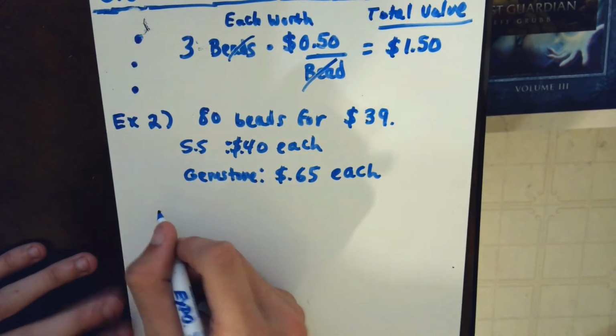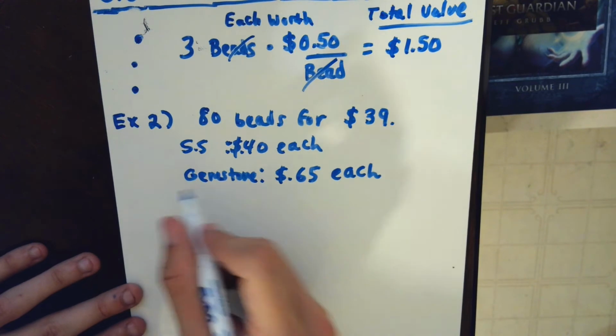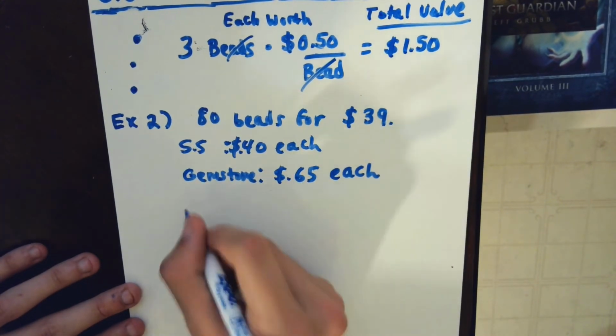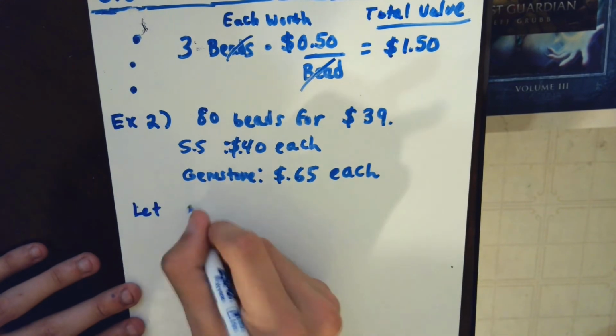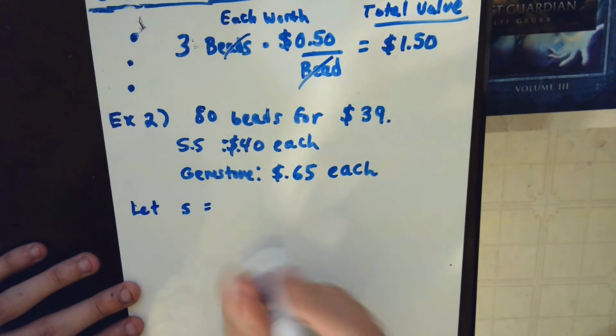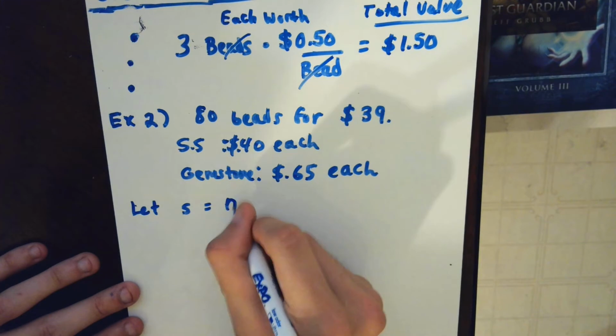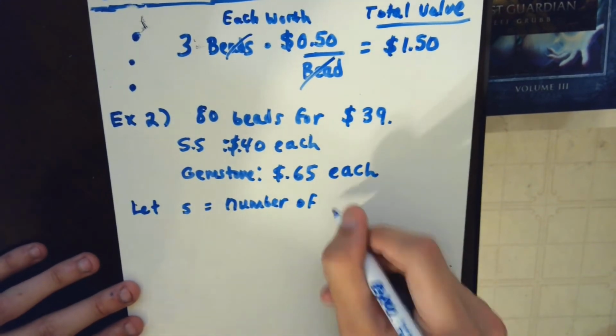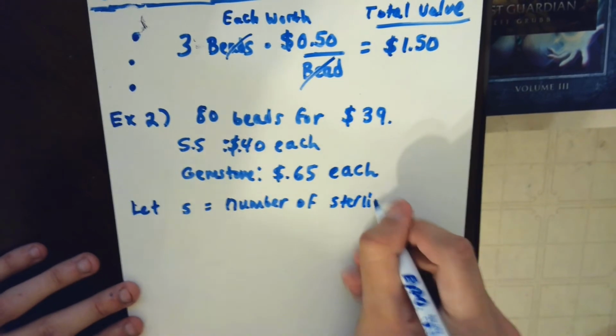But let's begin by defining some variables. So I said that SS corresponded to sterling silver. So what I'm going to do is I'm going to say let S be the number of sterling silver beads.